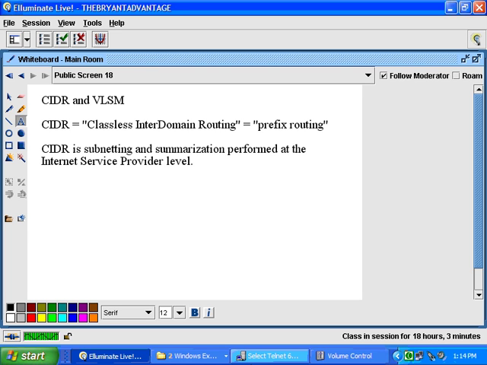But essentially, they're the same thing performed at different points. We perform route summarization and VLSM at the network level, and the ISPs do it at their level, and they call it CIDR. If an exam question asks you to work with CIDR, or someone says, oh, we're going to do some CIDR, don't panic about it, because it's all subnetting and summarization, and you're a CCNA and a CCNP, you know how to do that.